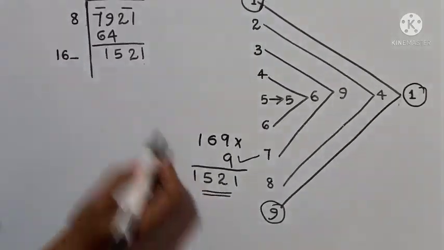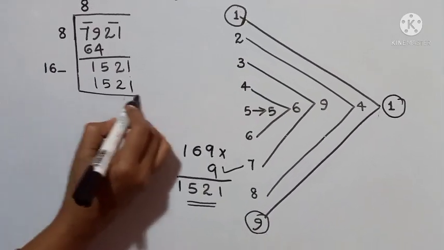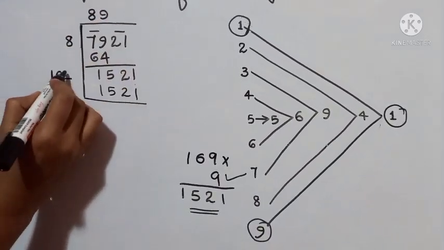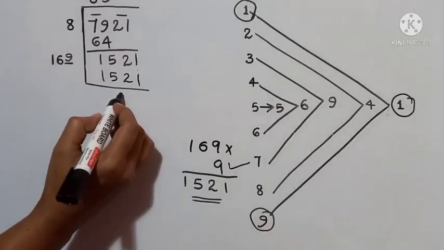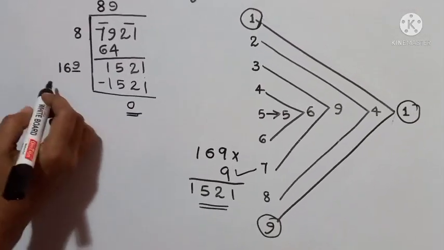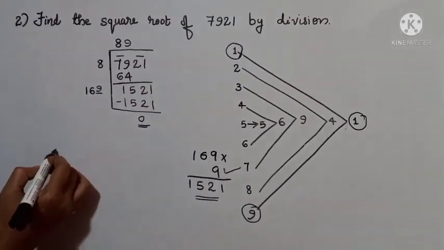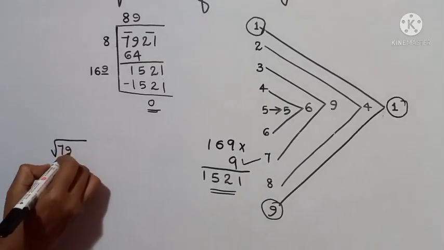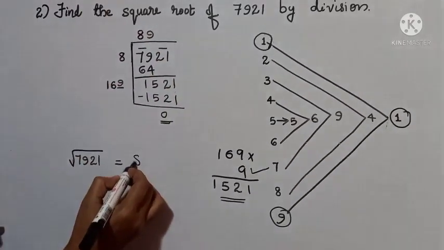So we write this 1521 here, and write 9 in the quotient place and 9 in that blank space. Now we subtract and get 0, and the quotient is 89. Therefore, the square root of 7921 is equal to 89.